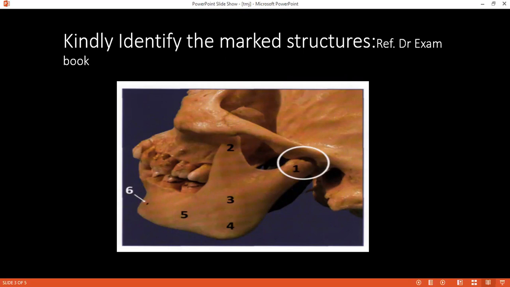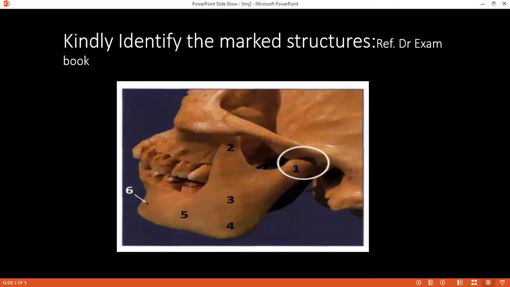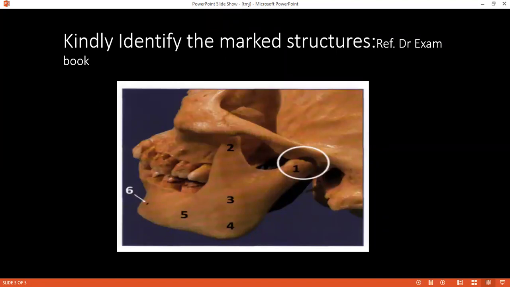What transmits through the mental foramen? There are the mental nerve and vessels, or inferior alveolar nerve. Can you tell me what type of joint the temporomandibular joint is? It's a synovial joint with hinge movements of opening and closing the jaw, lateral sliding movements, and also protrusion and retrusion.